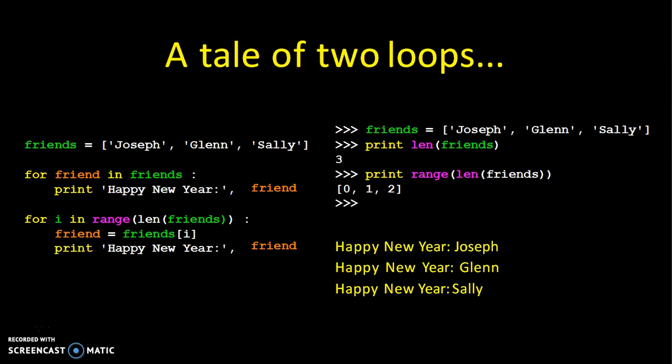So here we have friends as one list. How are we displaying? Previously we have seen for friend in friends, print happy new year to that particular friend. So for i in range of length of friends, how will it display? friend equals friends of i, print happy new year, comma, friend.